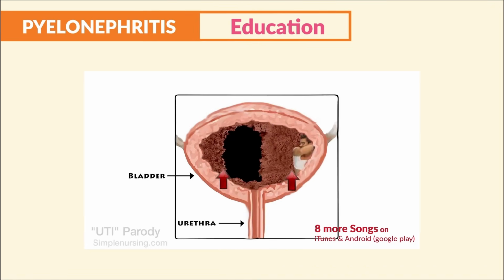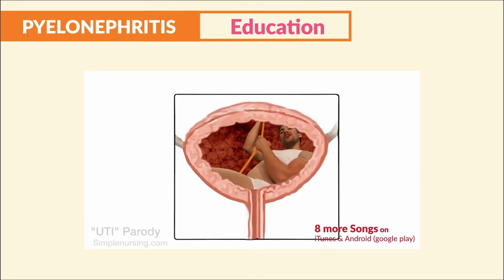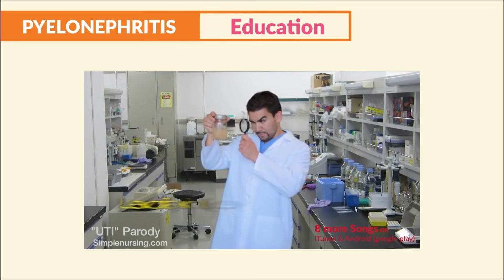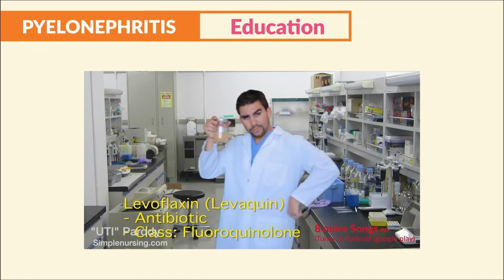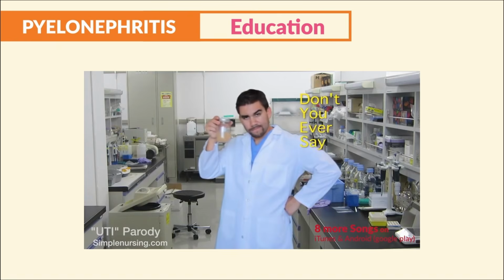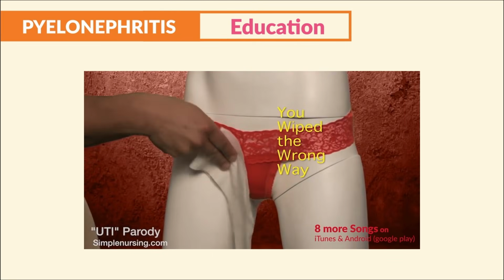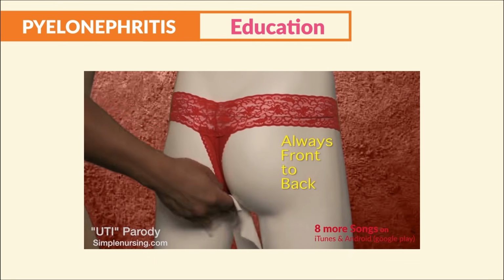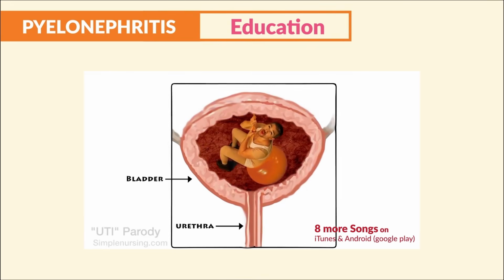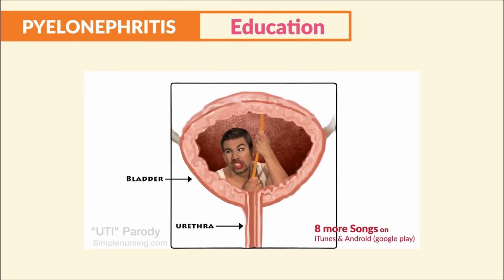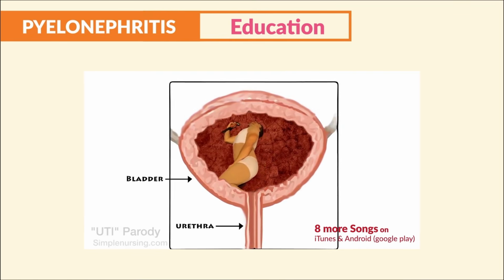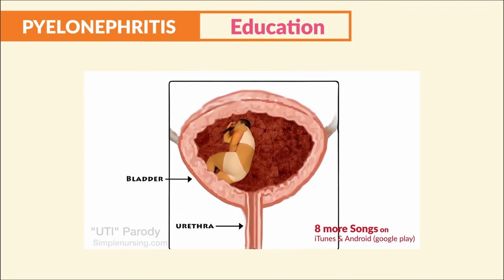And now there's a raging war, I let the E. coli in, and now I'm taking Levaquin. Don't you ever say you wipe the wrong way, always front to back. I got another UTI, and I have urge incontinence from my urethra to my bladder.